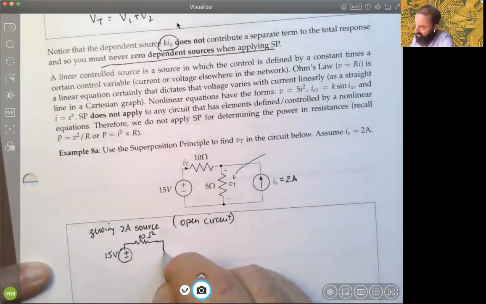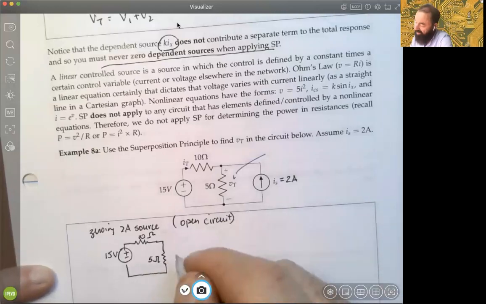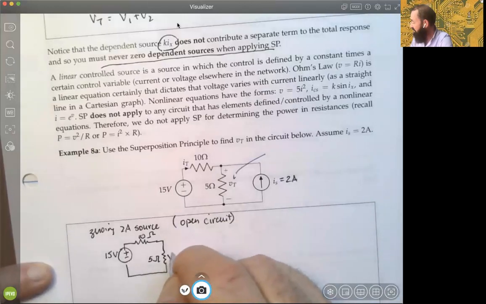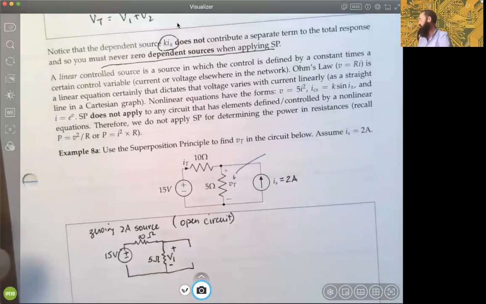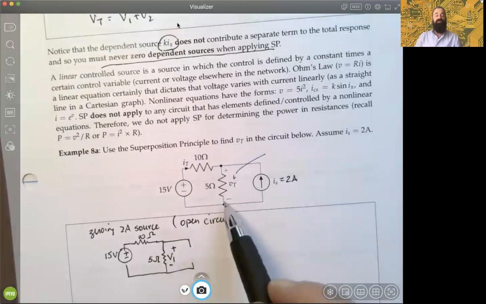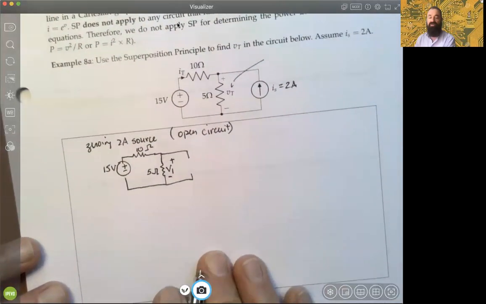So we'll put our resistances back in as they originally were. And now we're going to call this V1. Keep the polarities the same, but we have zeroed out that current source, okay? Notice I didn't put VT here, right? So this is saying this is the first response for VT. So again, our goal is maybe down here at the bottom, we'll just make a mention.